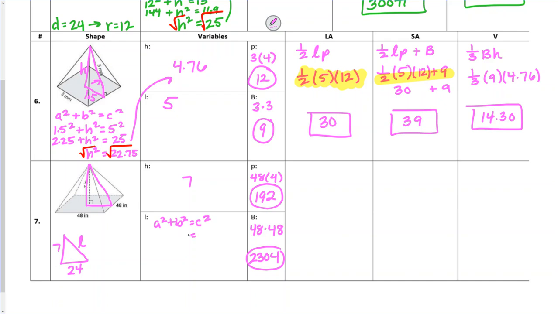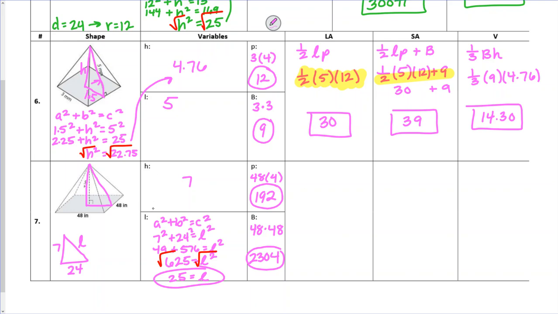C is across from the corner, has to be L. A and B does not matter. So then we have 49 plus 24 squared is 576 equals L squared. Add these together, we get 625 to equal L squared. All that's left is to take your square root. So L really equals 25.